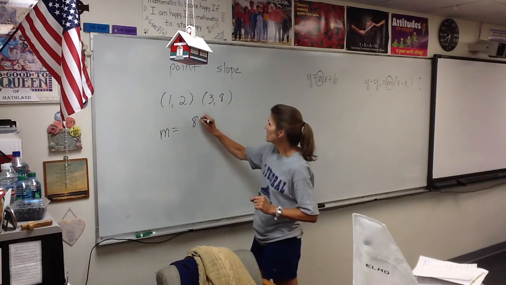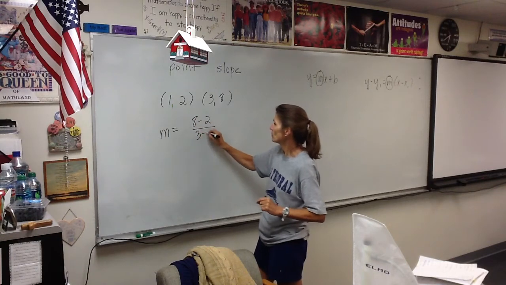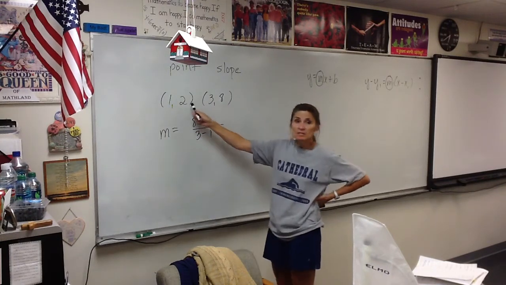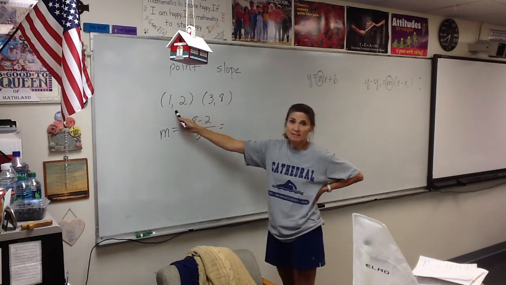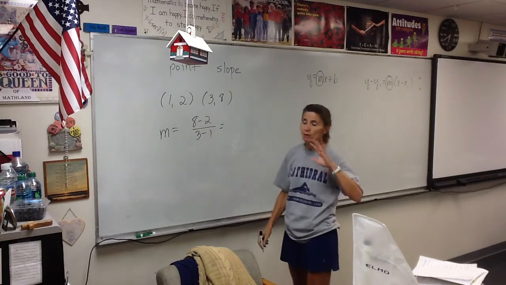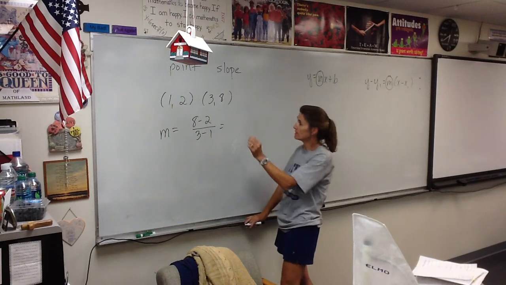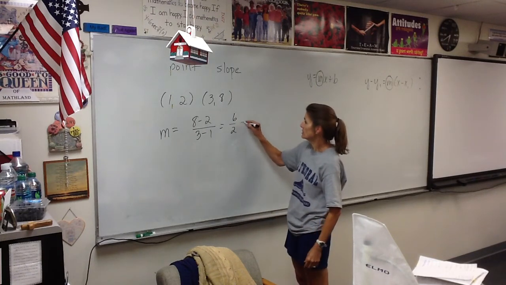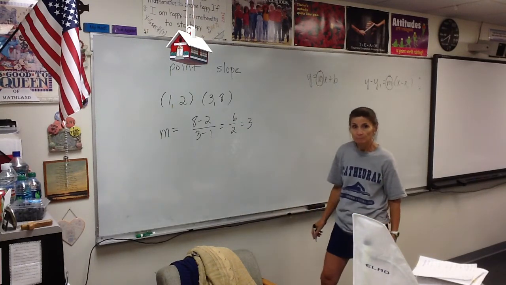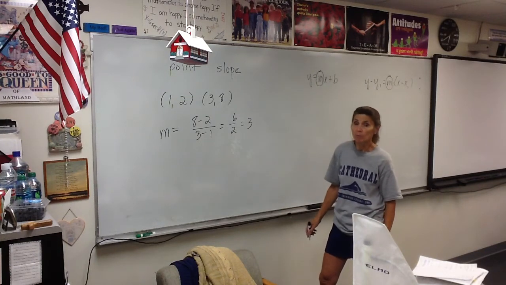So my slope will be 8 minus 2 over 3 minus 1. Y minus y over x minus x. That's old news. We've already talked about it. So that reduces to 3. So our slope is 3.